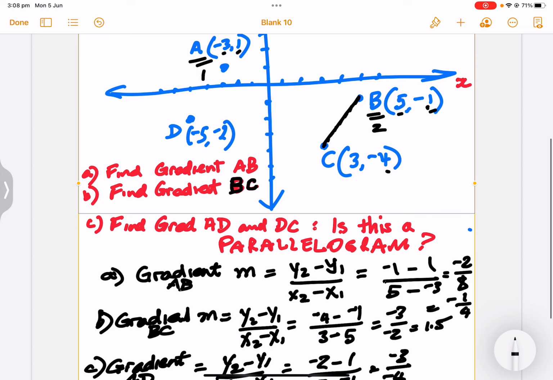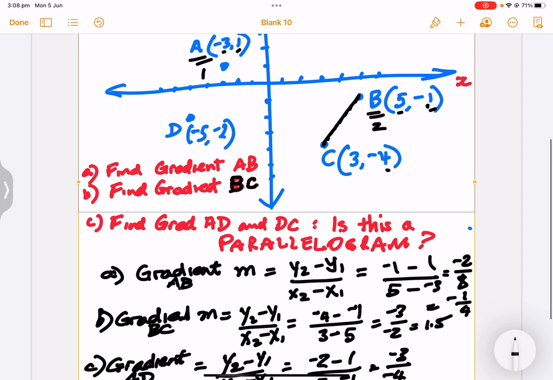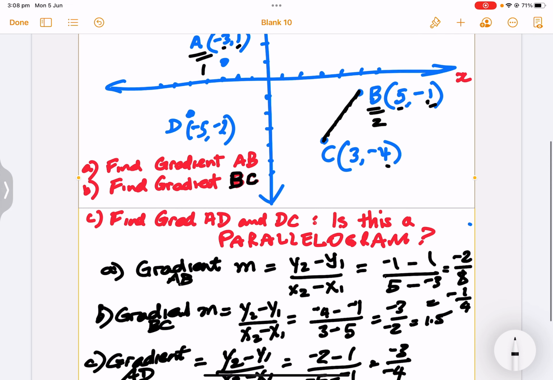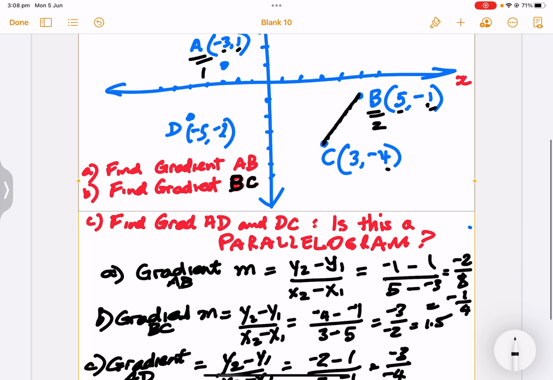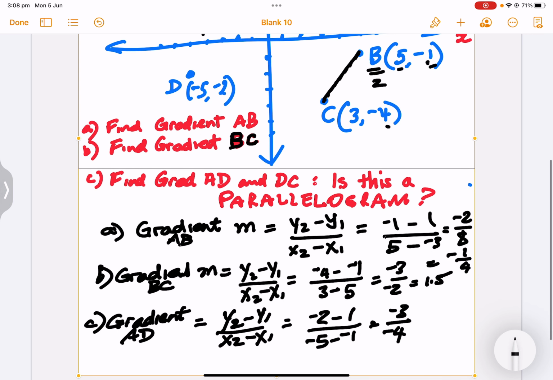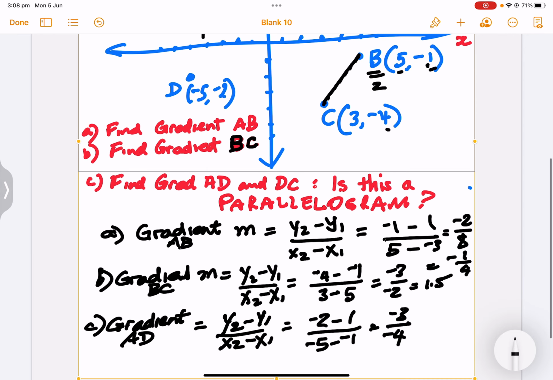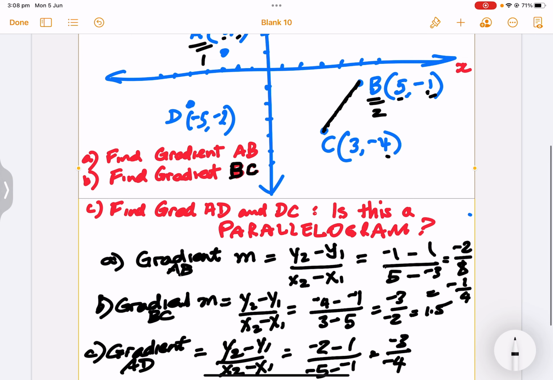Did I make a mistake? I'm doing AD, right? So -5. I did make a mistake.